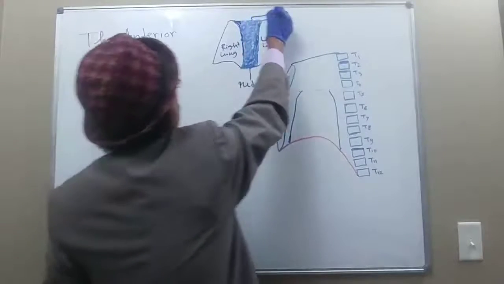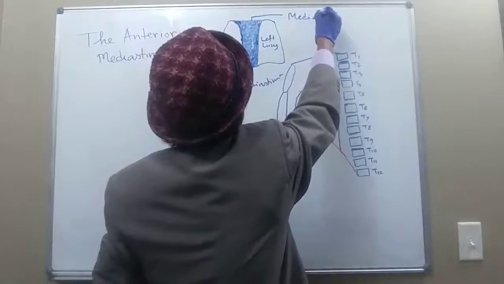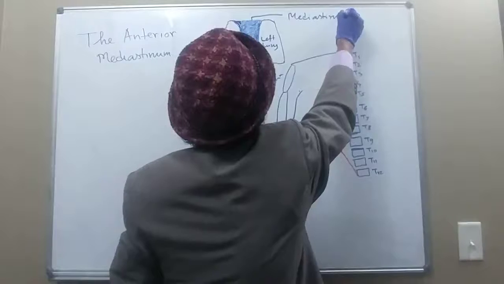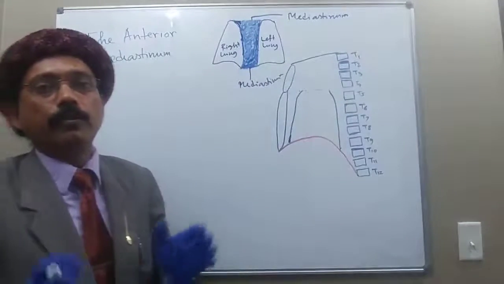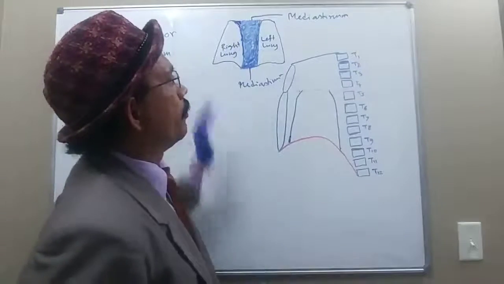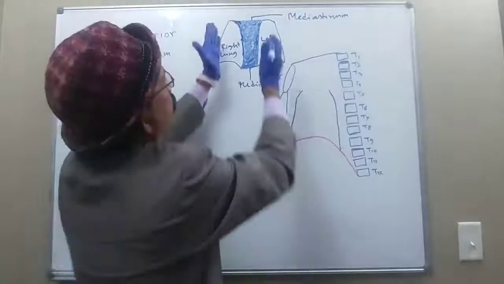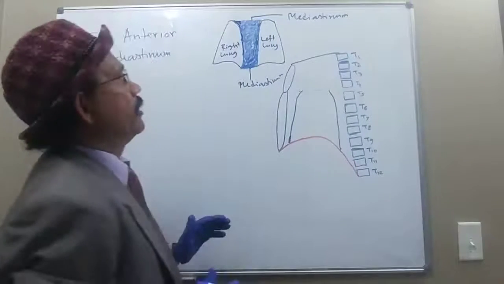These are the structures that belong to the mediastinum, which are present in between the lungs.